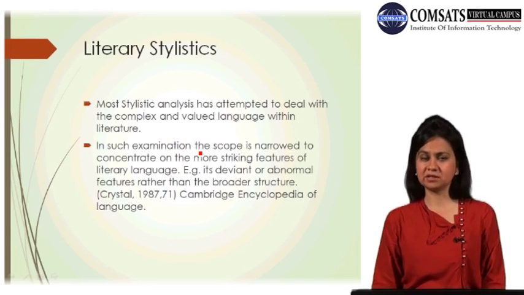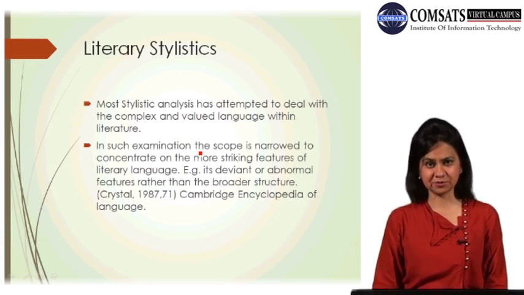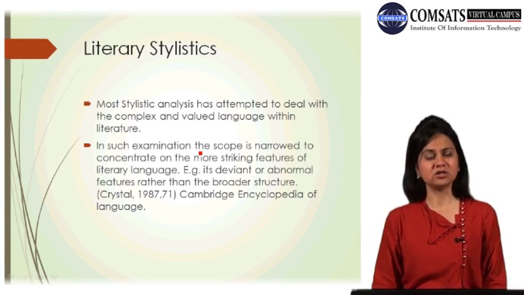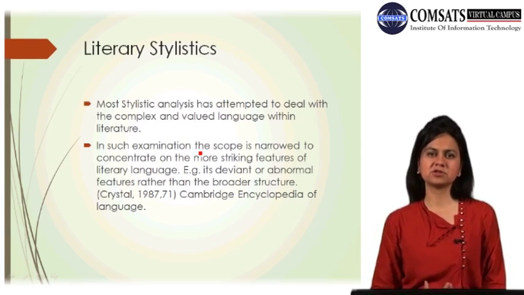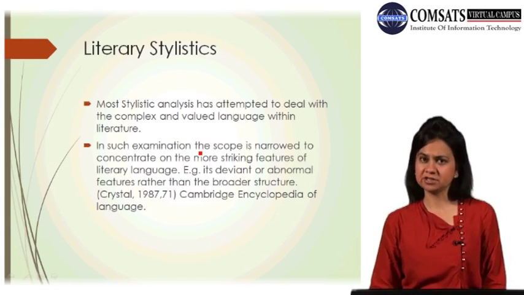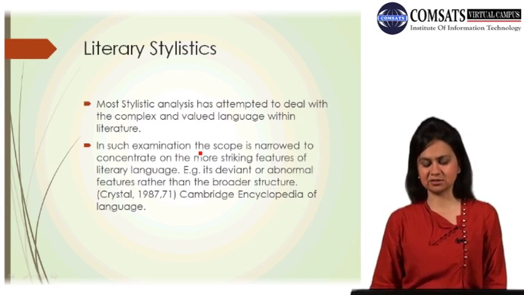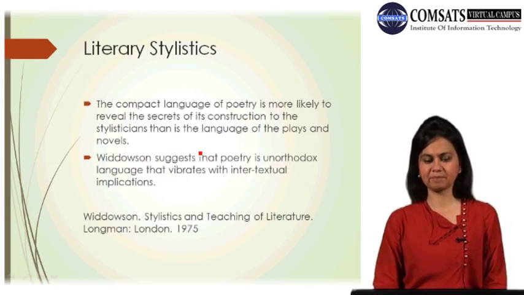The scope is narrowed down to pick up those devices and stylistic features, rather than the composition or the style in general. Only the features of style are picked up by a literary stylistician who focuses on the valuable, complex, and unique structure of the language of literary texts.